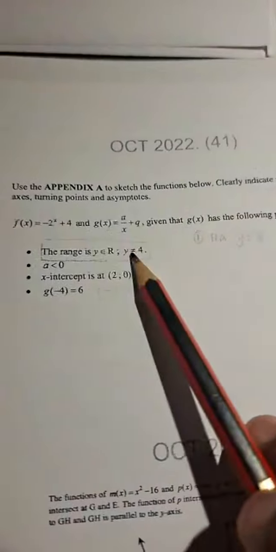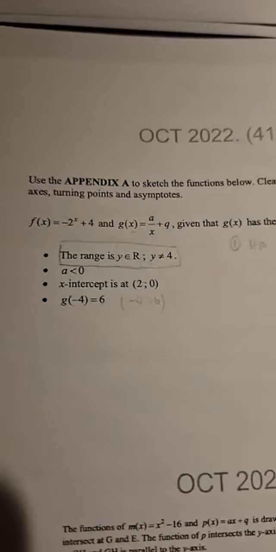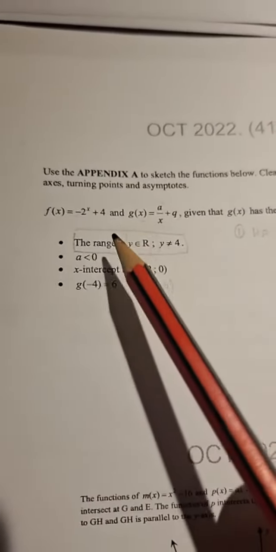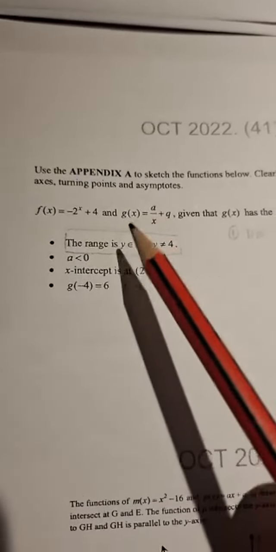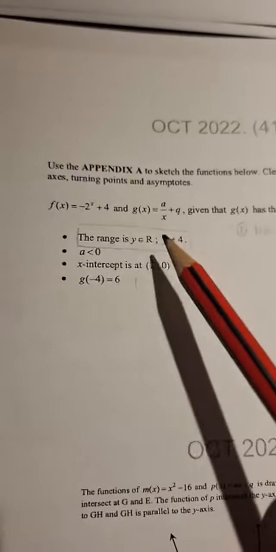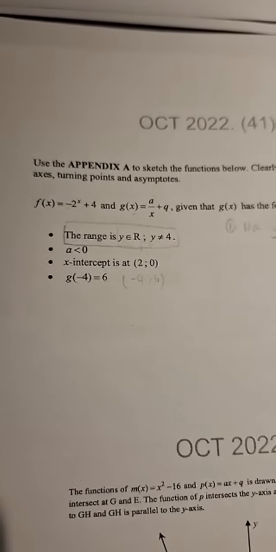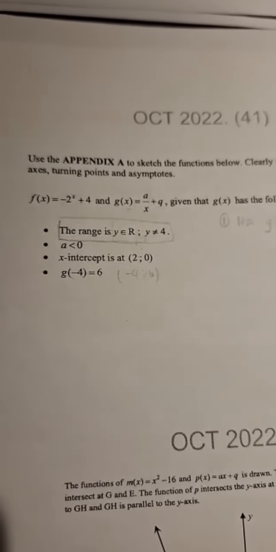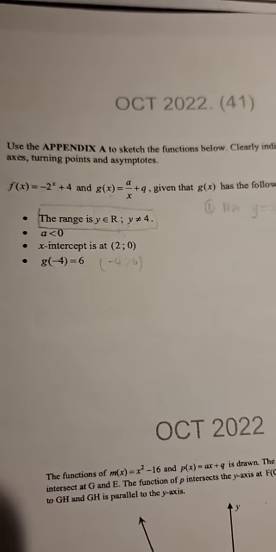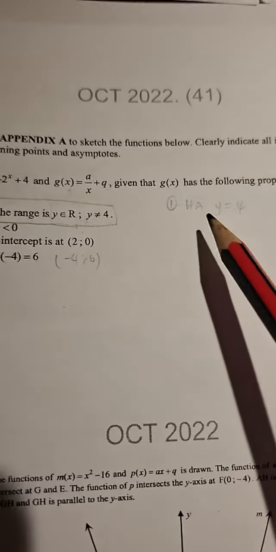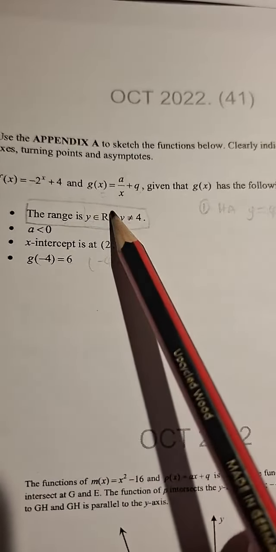I know that because the range is what we call the possible y values, where our function that we are expecting to draw will exist. But obviously there at the asymptote, the function does not exist. So that's why we say y is an element of R.